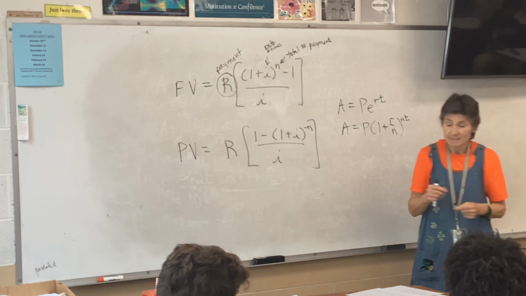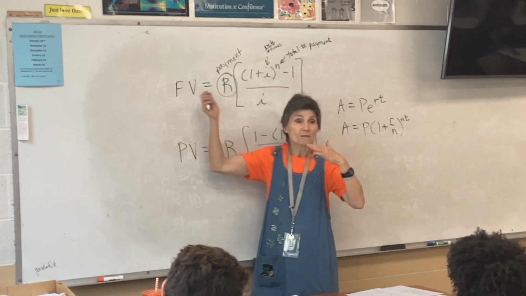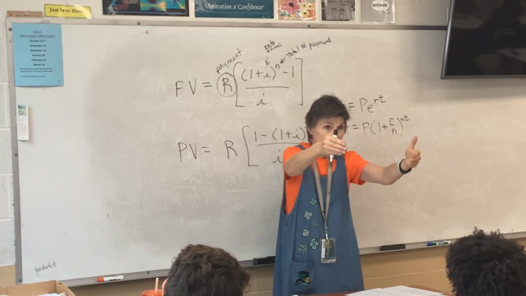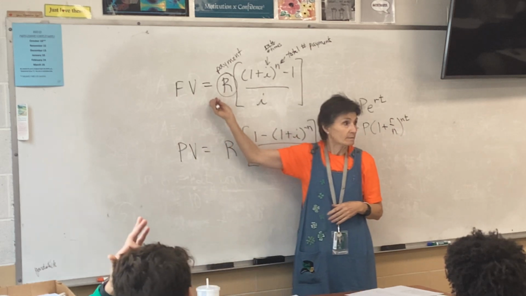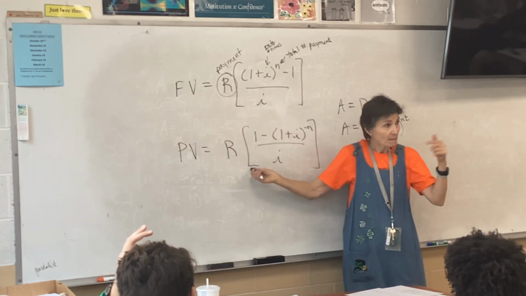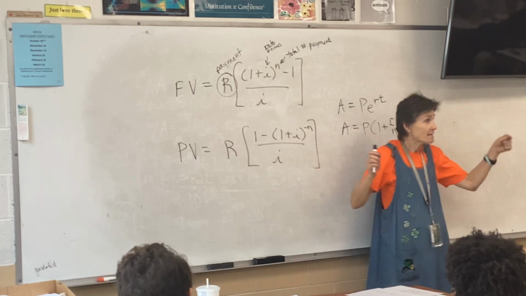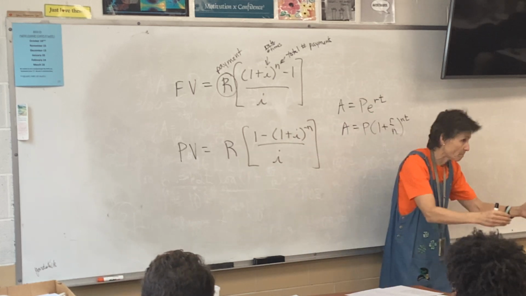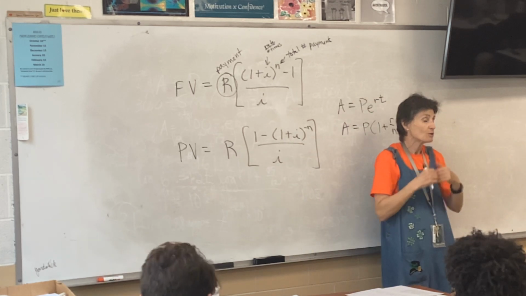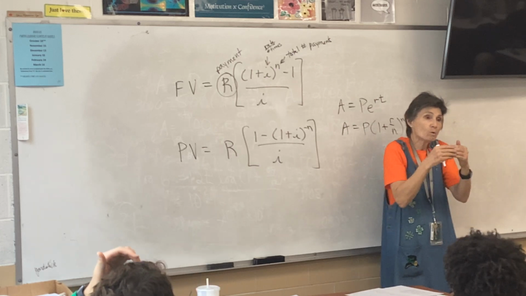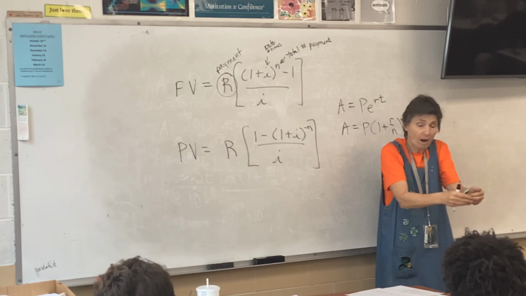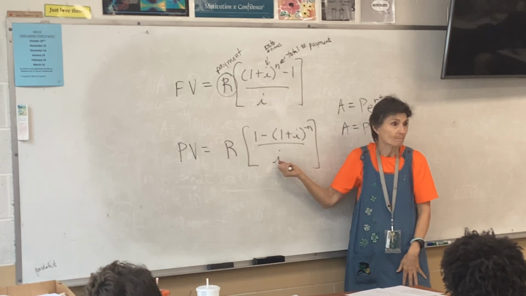If you are saving for the future, if you are saving to accumulate, then you're using this one. If you are making payments to pay something off, like your house payment, your car payment, your student loan payment, if you are paying something off, you use present value.